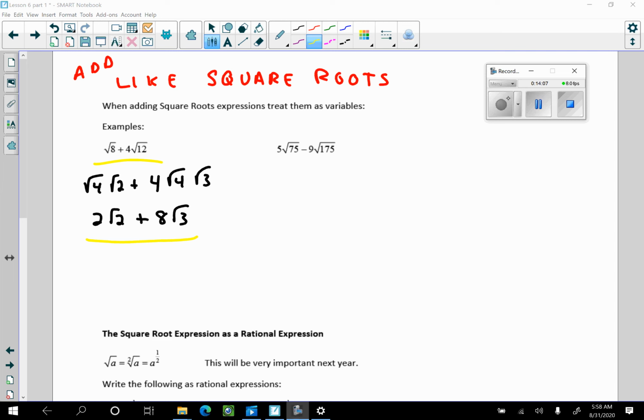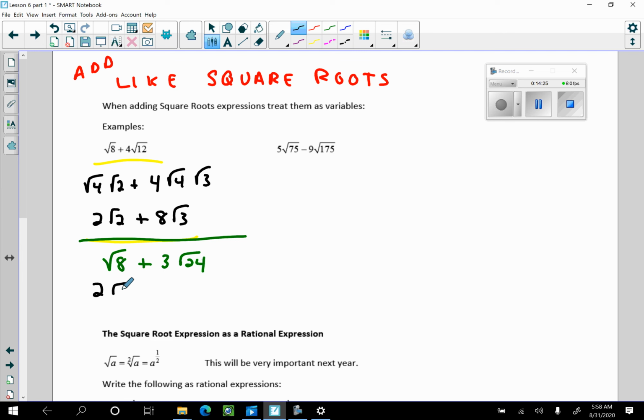But say for instance I had this, though. Say I had square root of 8 plus 3 square root of 24. And you're going to see what's going to happen here. So we know that the square root of 8 is going to be 2 square root of 2.